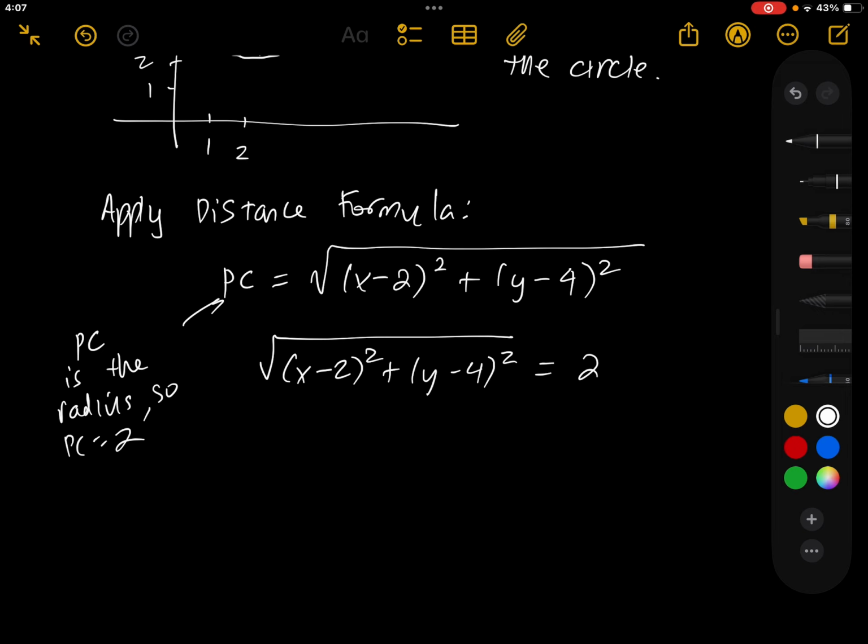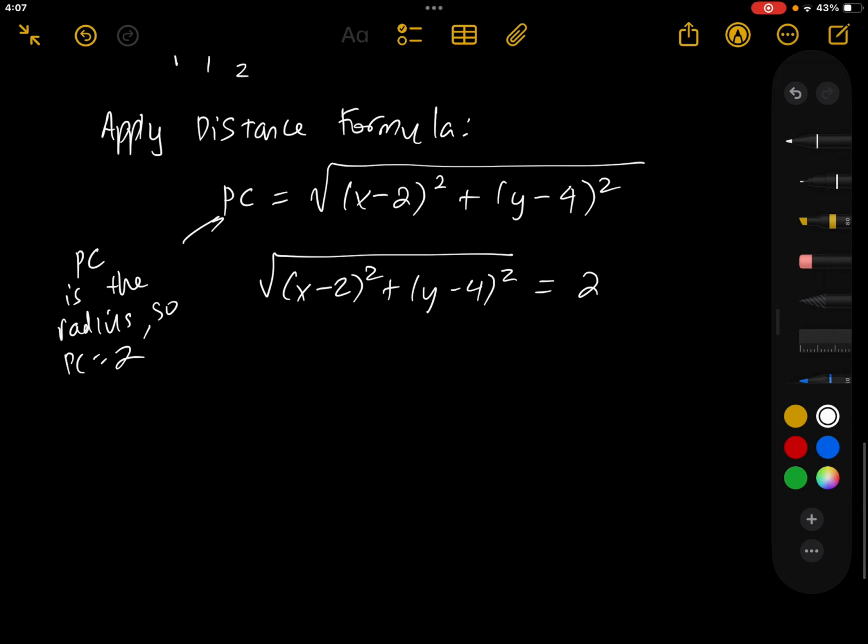Now that is an acceptable equation for the circle, because this tells you exactly that (x, y) is 2 units away from (2, 4), which is exactly what it means to be on the circle. But it's more standard to square both sides, and write it as (x minus 2) squared plus (y minus 4) squared equals 2 squared.